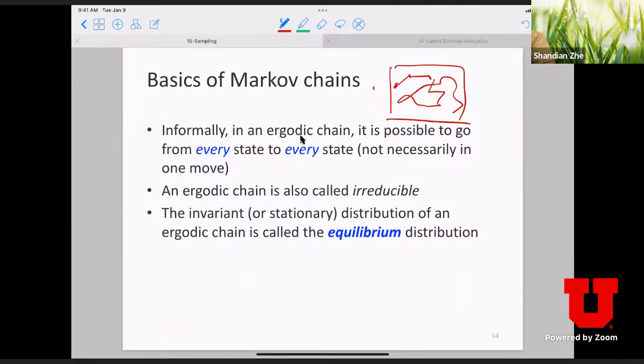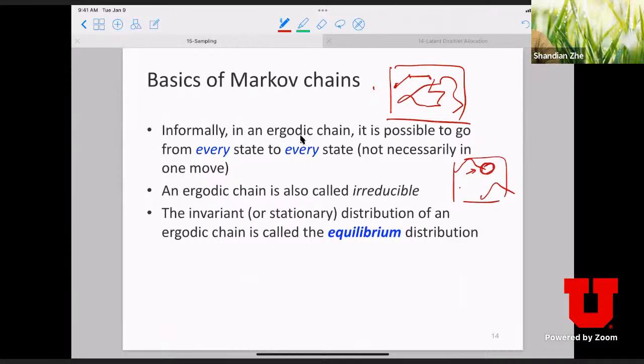However, if it is not ergodic, meaning it is reducible, it might converge to one stationary distribution here, another there, and there is some chance you jump somewhere and never jump out.